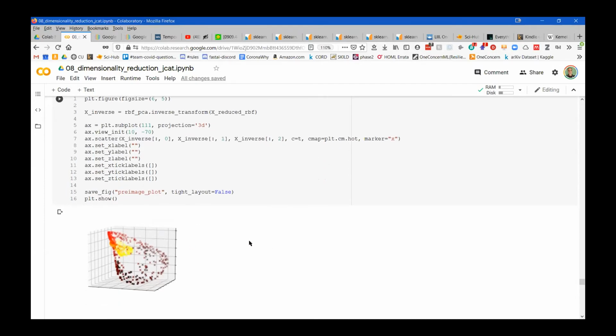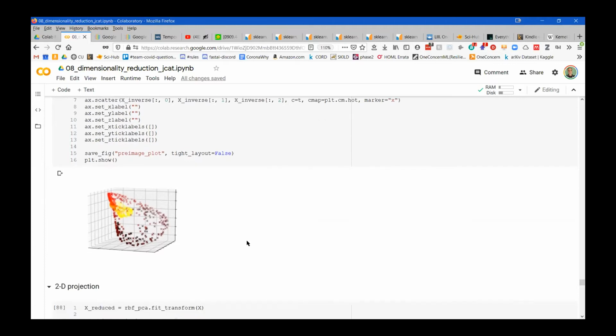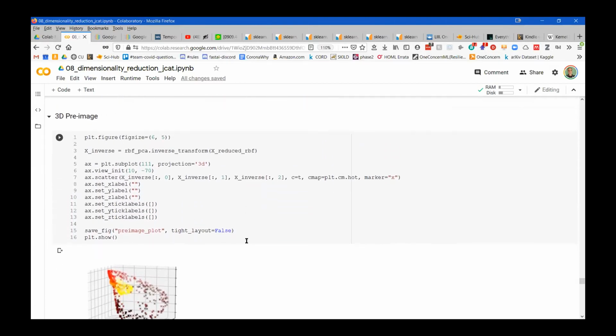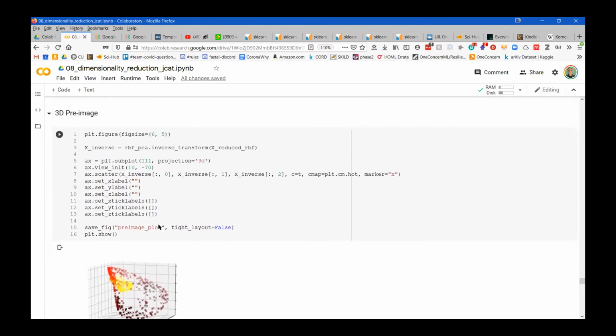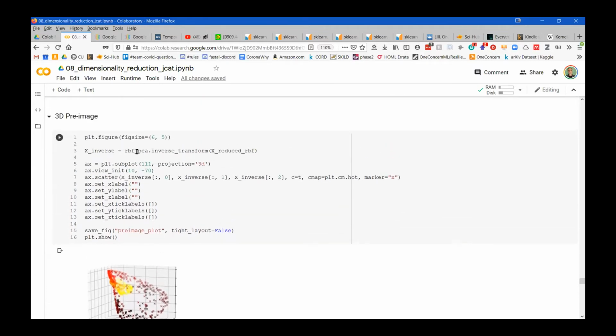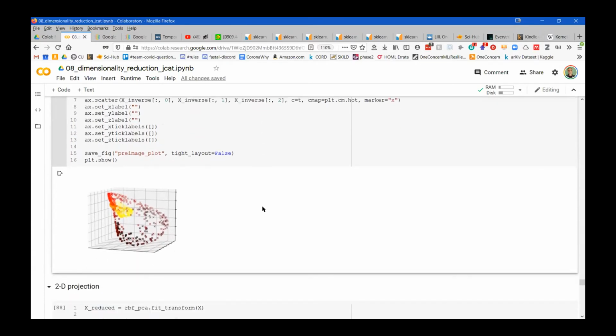It's not the same thing as a 3-dimensional reconstruction, but this is the pre-image plot. The way to calculate the pre-image plot is the RBF inverse transform method, and this is what it looks like.